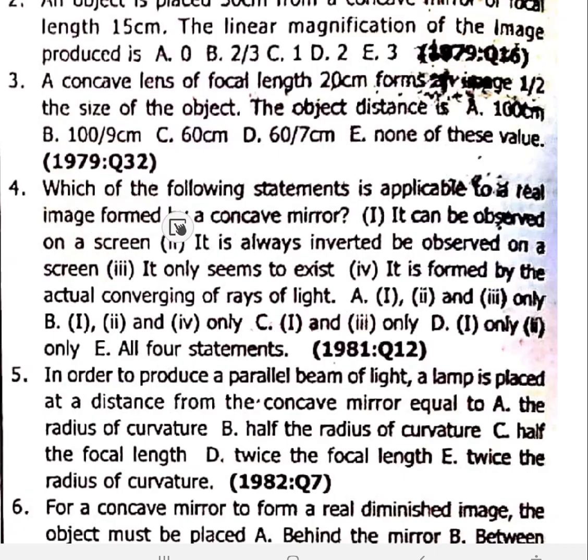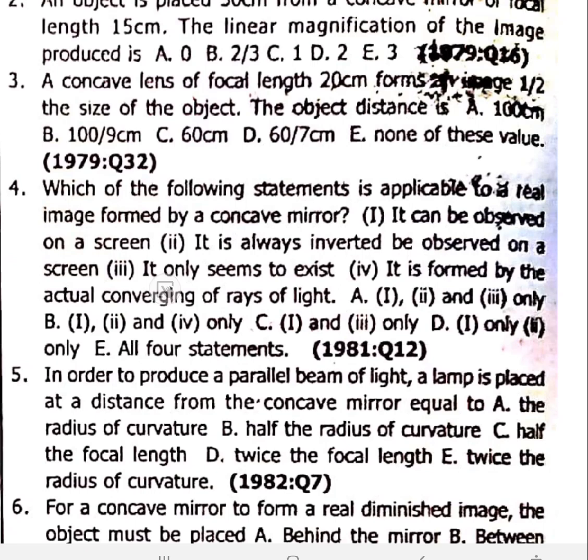Number four: which of the following statements is applicable to a real image formed by a concave mirror? Don't forget, for a concave mirror, the object distance, image distance, and focal length are all positive, and magnification depends on the object distance. So it's almost the opposite of convex.